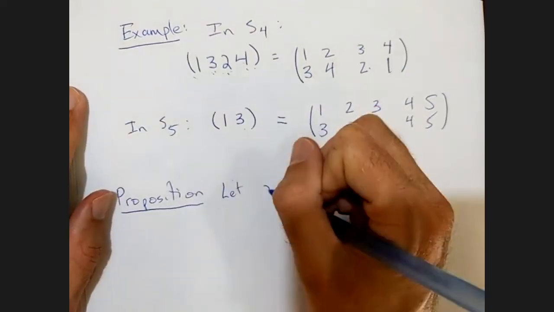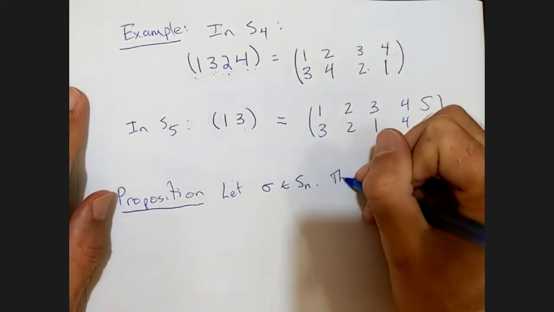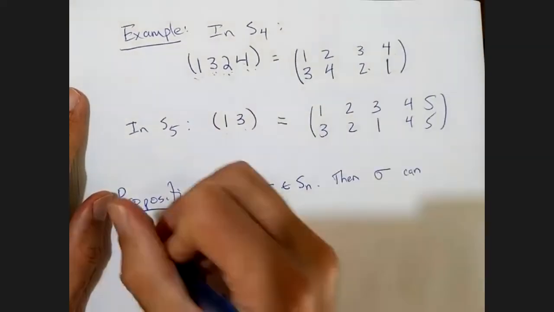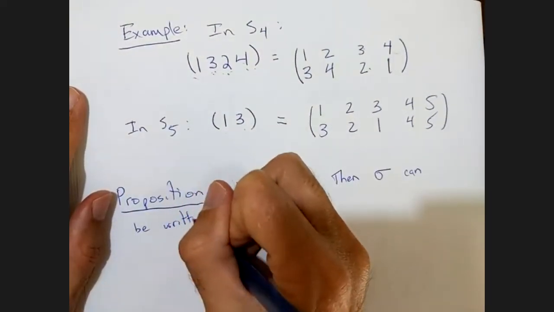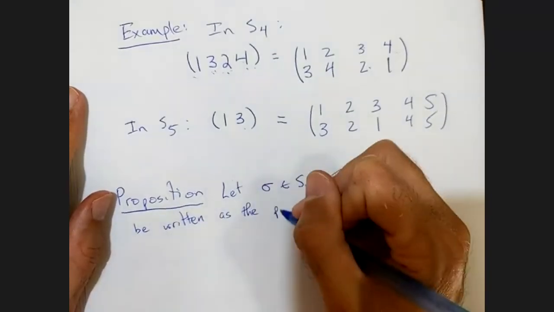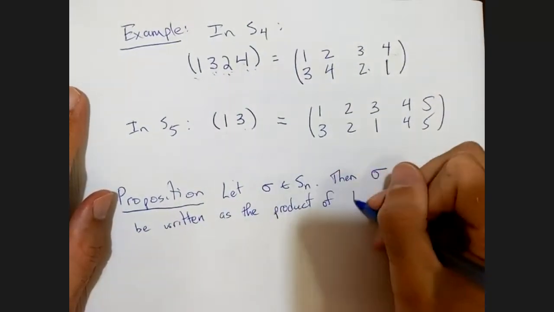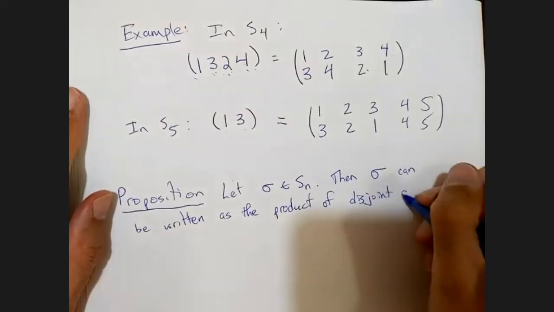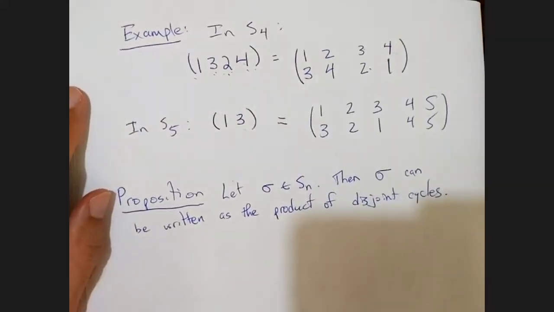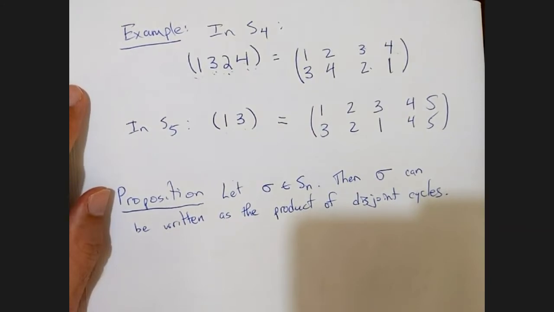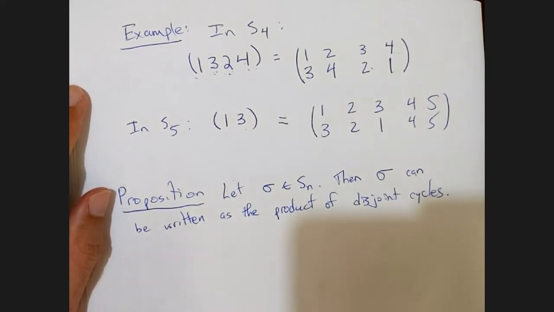Let sigma be in Sn. Then sigma can be written as a product of disjoint cycles. We're not going to prove this, but it's better to just learn how to do it.